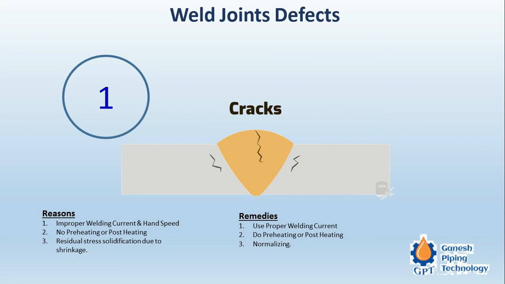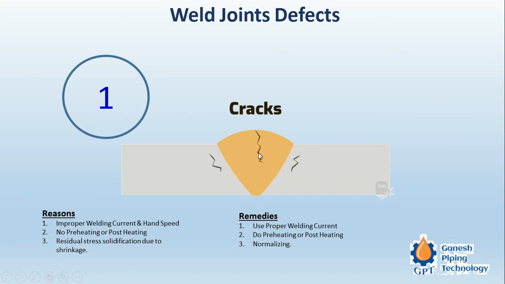And if a welding is done, and immediately after that it is allowed to cool on its own, and it cools faster in the atmosphere, say on winter days when it's very cold outside, the welded joint for these thick plates may get solidified fast, and there will be 100% chances that a crack will develop from the center, from the top of the pool.